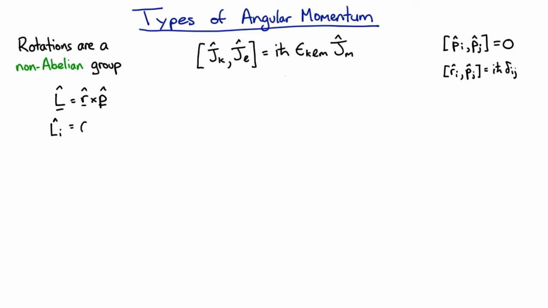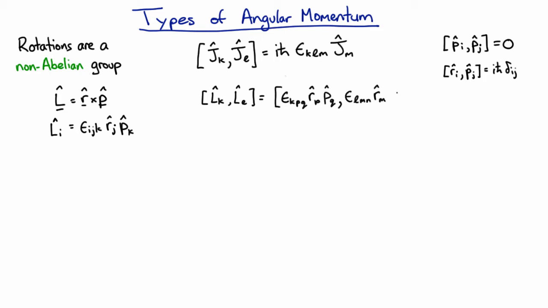In component form, we can just write, where again we're using the Einstein summation notation, and we can therefore have a go at showing that the angular momentum that we've invented here does in fact obey these commutation relations. I'd just like to emphasize a key point here: when I substituted in the L in these two places, I was very careful to make sure that I got my dummy indices right and my free indices.